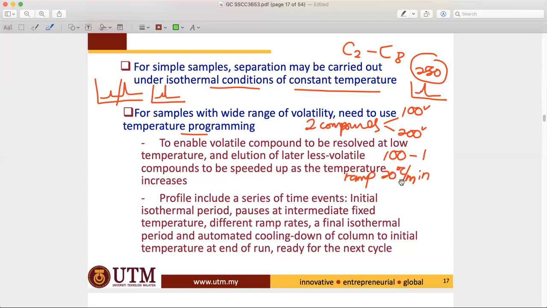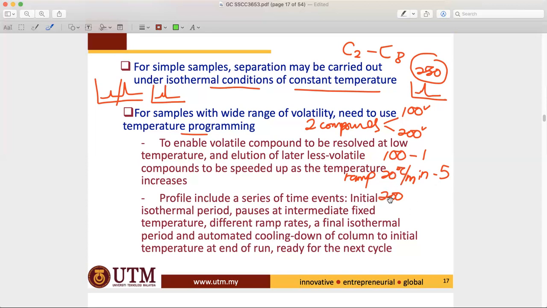So, dekat sini ambil masa berapa minit dah? Dekat sini is going to take around 5 minutes, betul? To reach 200. 100 bahagi 20, yes. So 5 minutes. So during this ramp, dia naik 120, 140, 160, 180, and then baru 200.